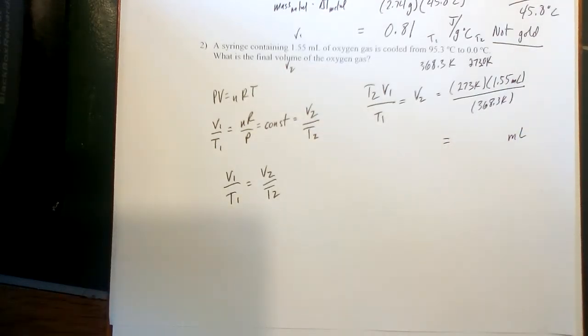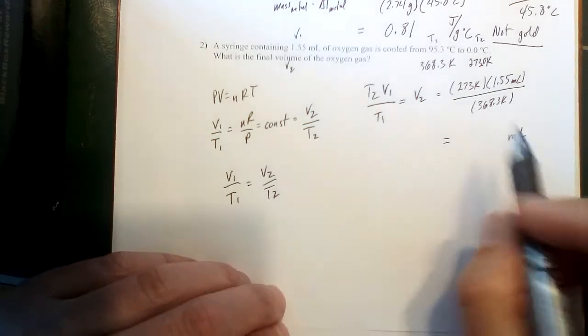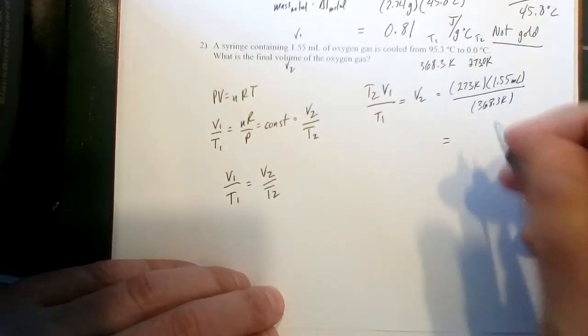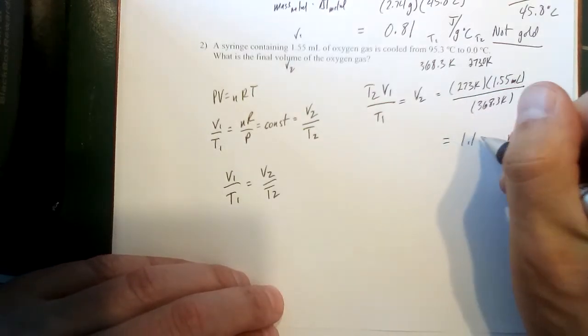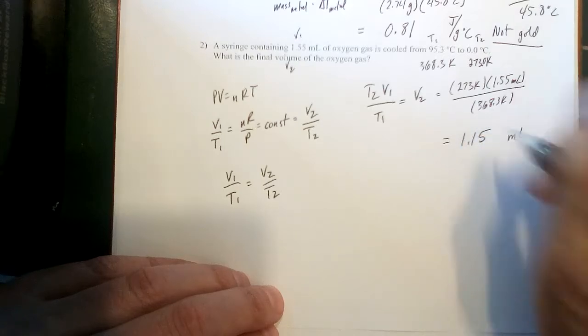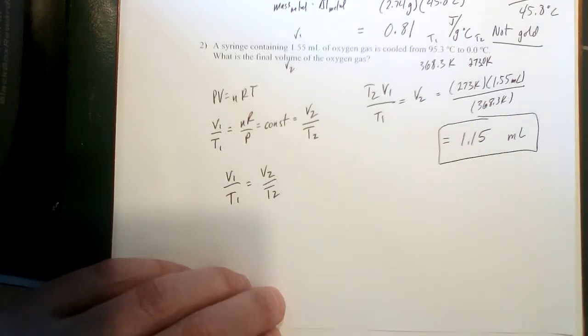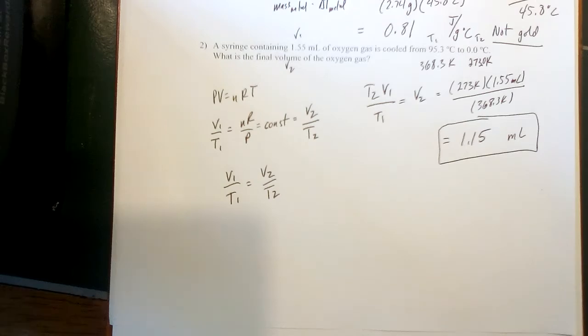So 273 times 1.55 divided by 368.3 is, we're limited here to 3 significant figures from our initial volume, so I'll round this to 3 significant figures as well. So the final volume of the oxygen sample would be 1.15 milliliters.